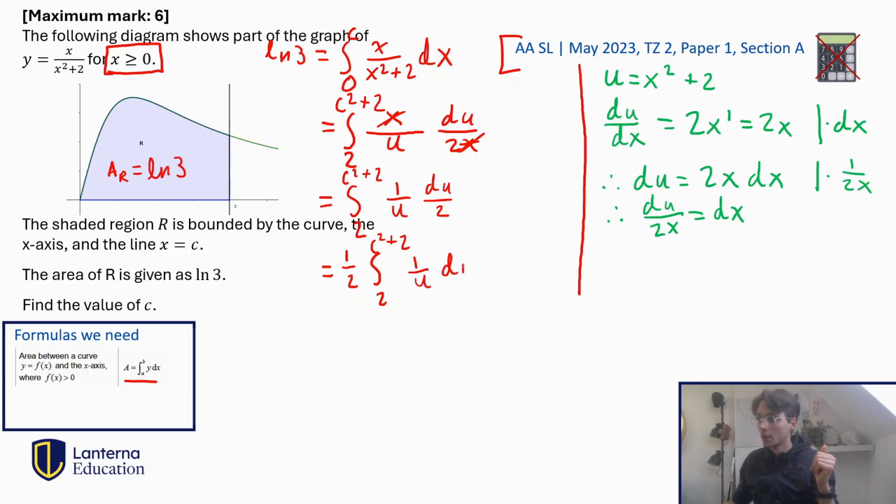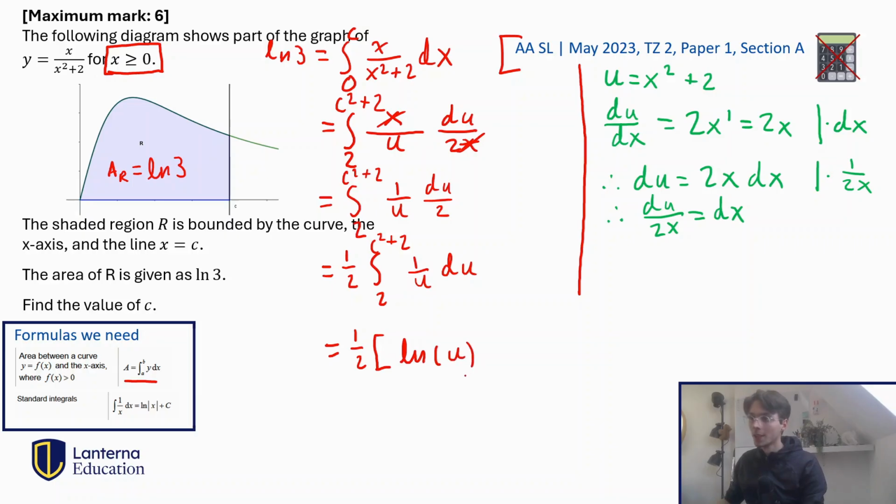Okay, then we take a quick look in our formula booklet. How do we integrate 1 over u? Maybe you already know this by heart. If you do, that's great. Well, we've got this in our formula booklet right here. 1 over x integrated is ln absolute x. Okay, so that means we've got 1/2. Now we need to do these square brackets. You can also write it with a long line on the side, but I do square brackets. ln u.